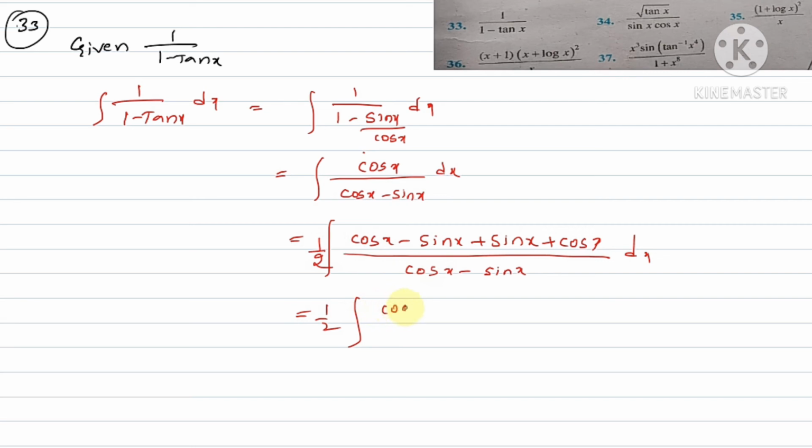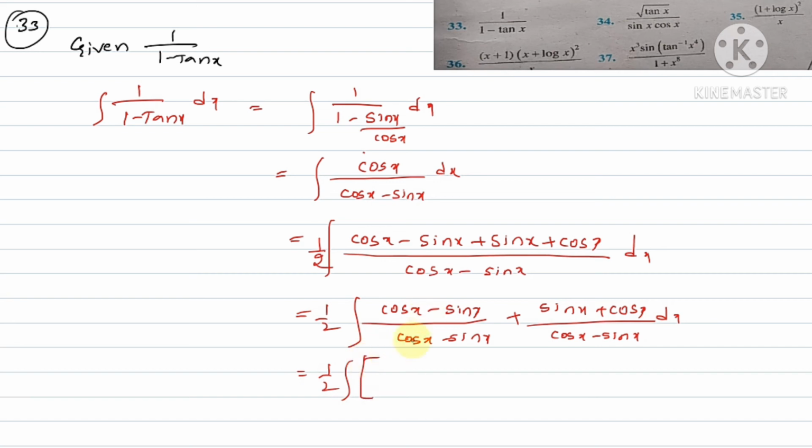So doing separations, this is cos x minus sin x upon cos x minus sin x, clear, plus sin x plus cos x upon cos x minus sin x into dx, which implies 1 by 2 is overall common. This value is 1 plus, with some changes I am doing, cos x plus sin x. Any problem? No problem.